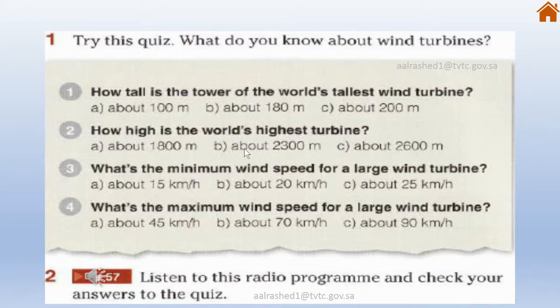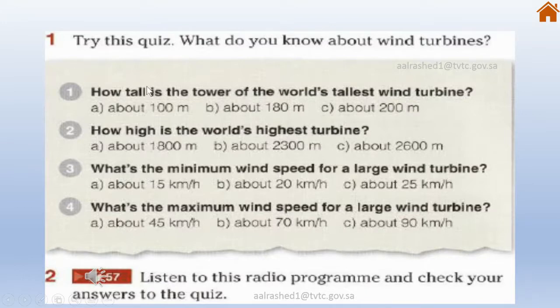The tower of the wind turbine isn't very tall, but at 2,322 meters, it's the highest in the world. Wind turbines start producing power at the minimum wind speed of about 15 kilometers per hour. If the wind speed is less than 15 kilometers per hour, the wind turbine doesn't switch on. The maximum wind speed for a turbine is about 90 kilometers per hour. If the speed of the wind is more than this, the turbine switches off and the blades stop.